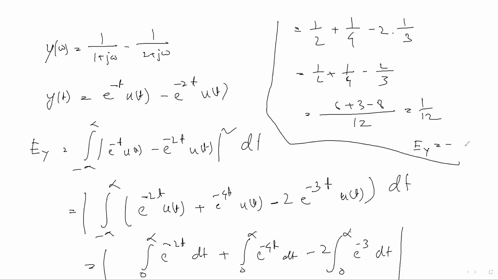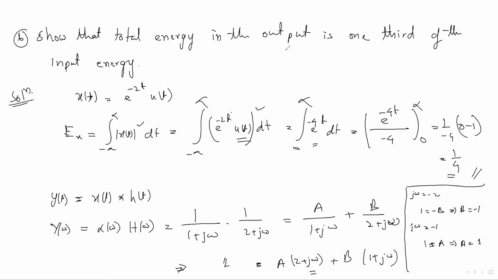So how we can say that? What is how is the relation? So that the total energy in the output is 1/3 of the input energy. You can say 1 by 4 and 1 by 12.